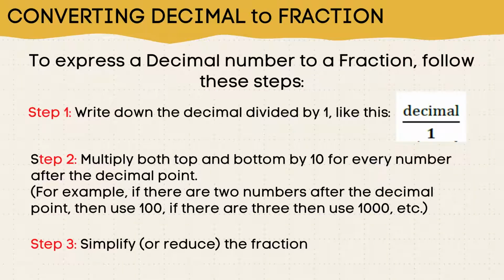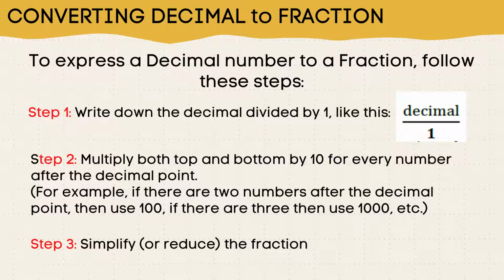So, when converting decimals to fractions, just follow these steps. Step 1, write down the decimal divided by 1, like this. Okay, so you are going to write the decimal, then you are going to write 1 as the denominator.